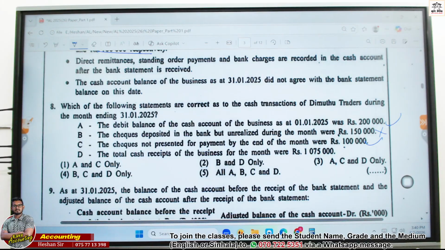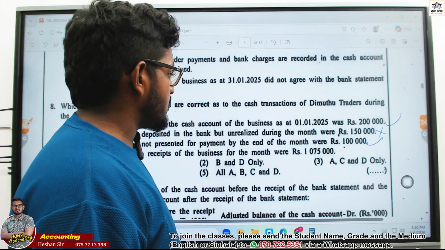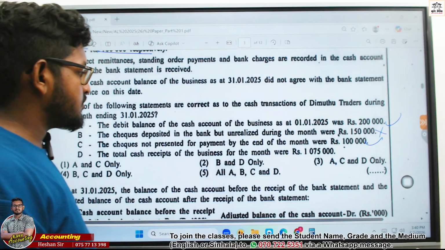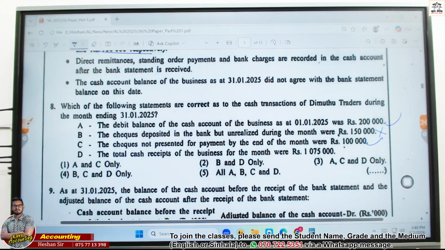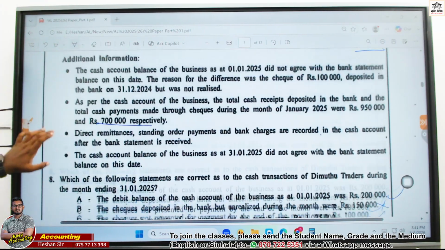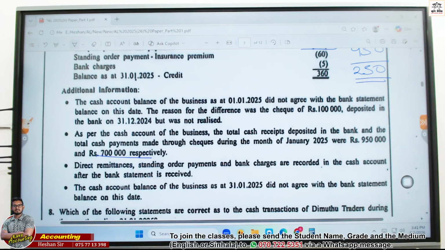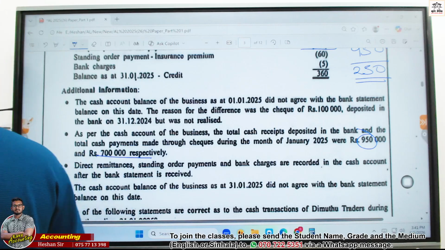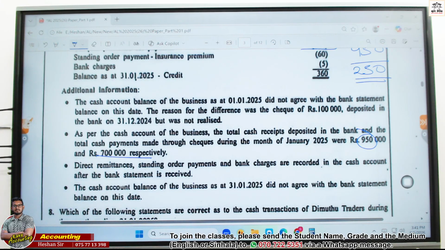Total cash receipts of the business for the month was 1075. They are asking what? Total cash receipts. How much are all the receipts in the cash book? 950. You can see all the cash book 950. Right?